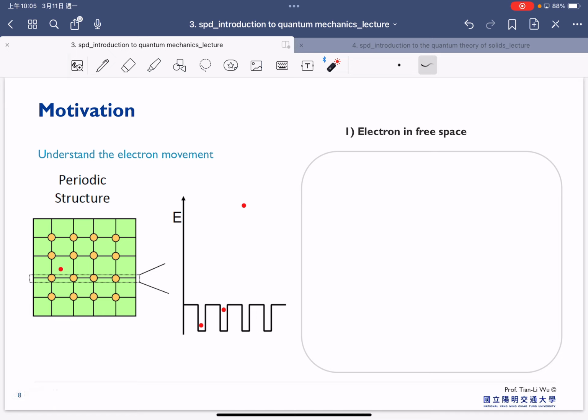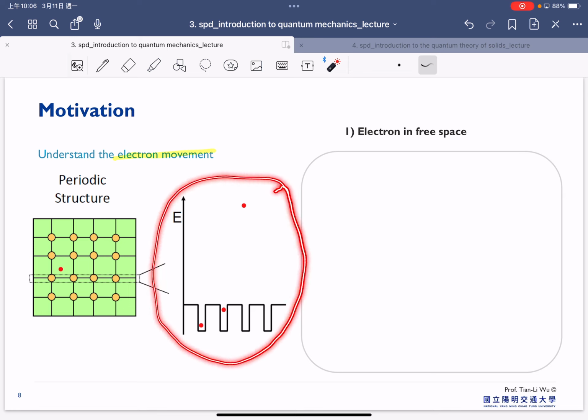Okay, so with all this fundamental knowledge, finally we can start to move on to the case we are interested in, to understand the electron movement. The first case, as I say, is electrons moving in the periodic structure, which is exactly considering the electron movement with a periodic potential as shown here. And with this graph, there are three cases we have to understand.